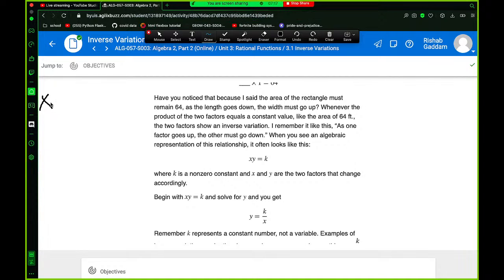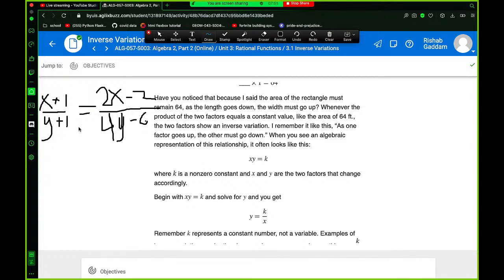So there's x plus 1 over y plus 1 is equal to 2x minus 2 over 4y minus 6. It's supposed to be a y. So I think this is a type of rational function.